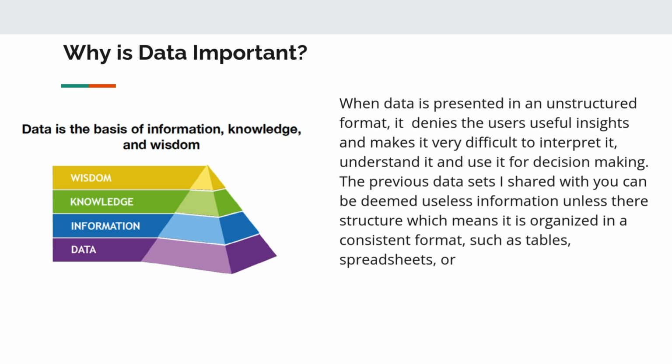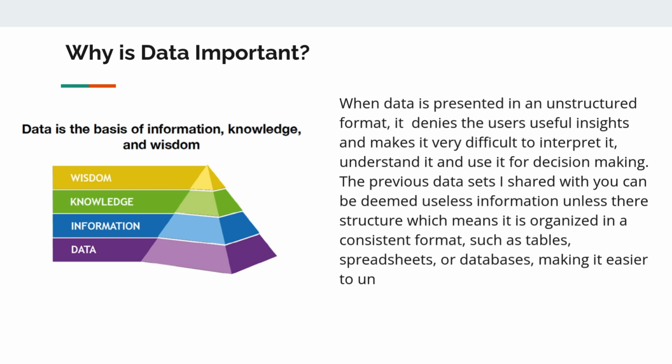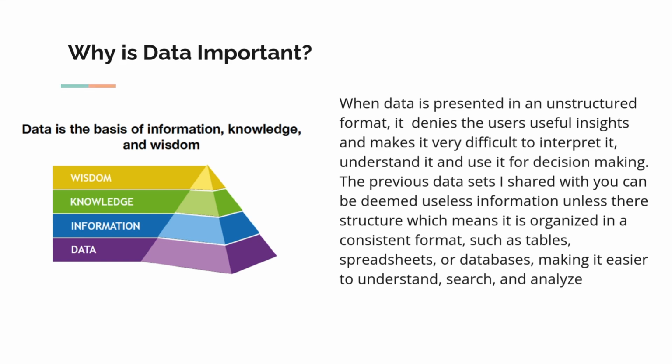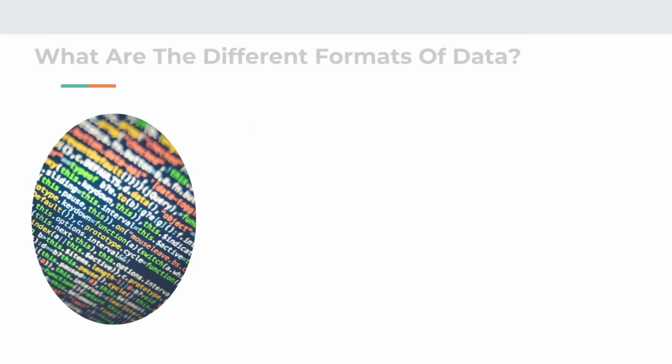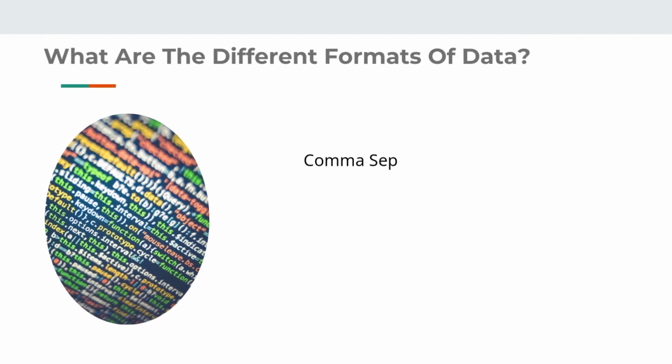And that information can be deemed useless information unless there is structure, which means that data needs to be organized in a consistent format such as tables, spreadsheets, or databases, which makes it easier to understand, easier to search when you have huge data sets, and also easier to eventually analyze and use for decision making.